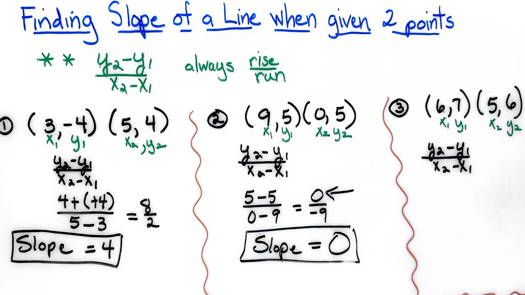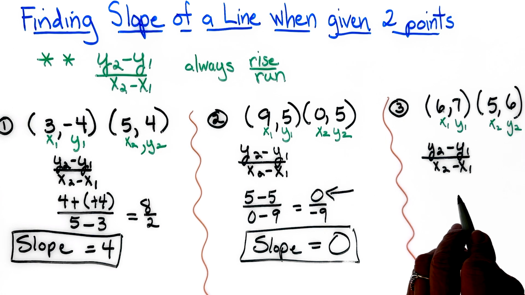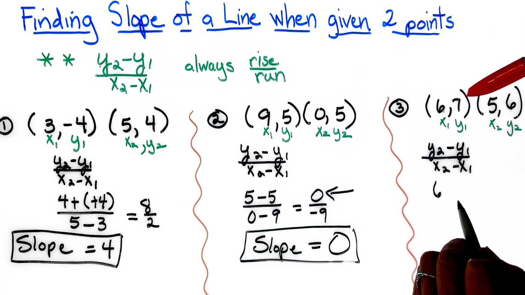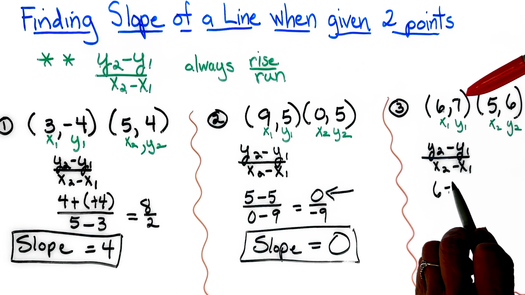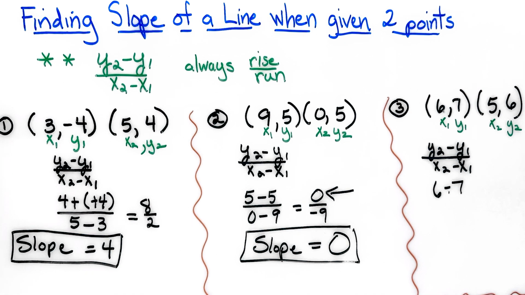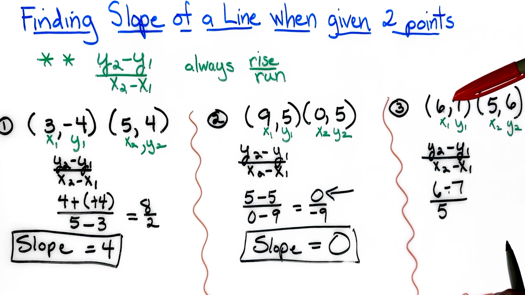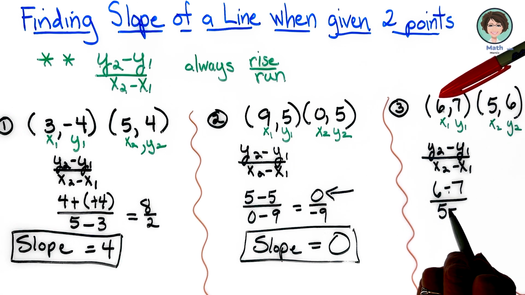So now I am going to go ahead and put in my values. Here I get a 6 and y1 is a 7. So 6 minus 7. And for my denominator, I have a 5 minus a 6.